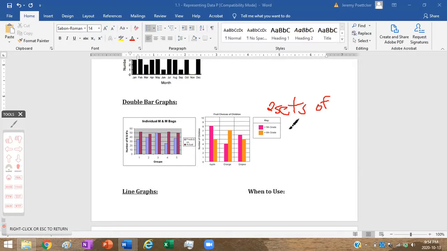And we're comparing it across the same categories. So 2 sets of data compared across categories. And specifically, the same categories compared across the same.